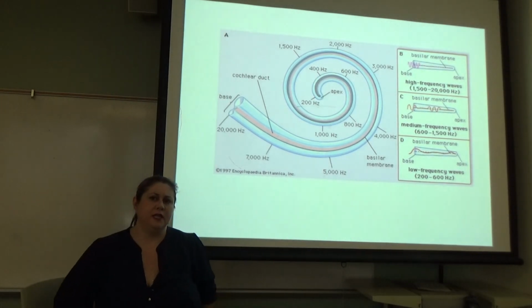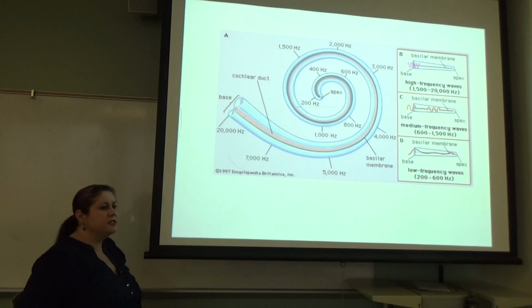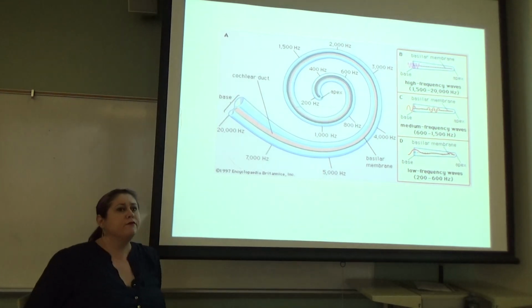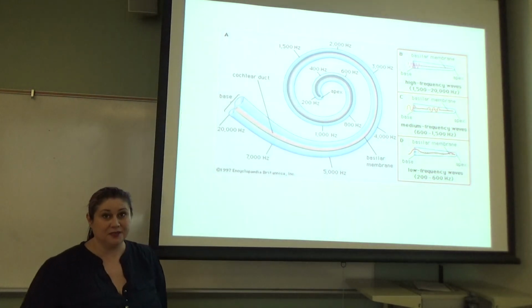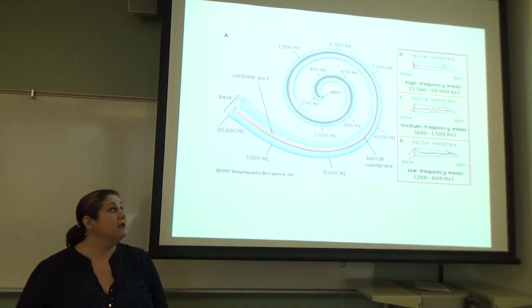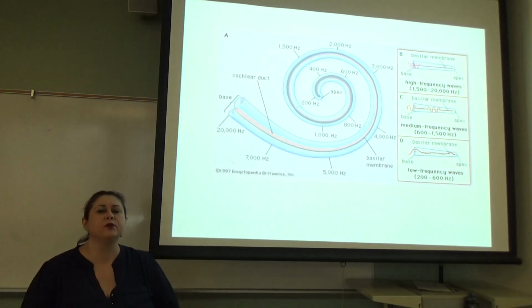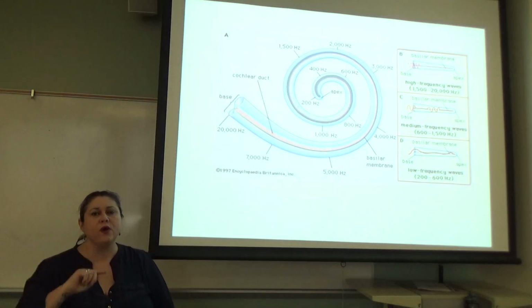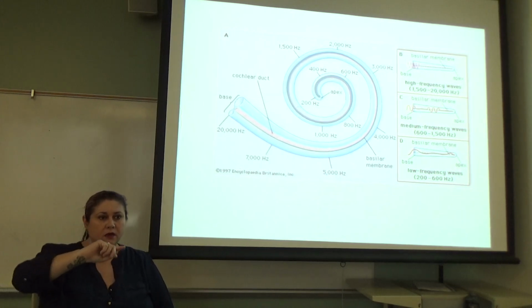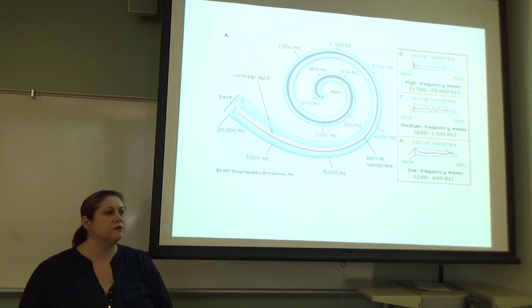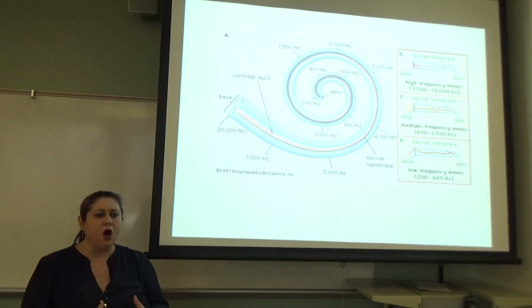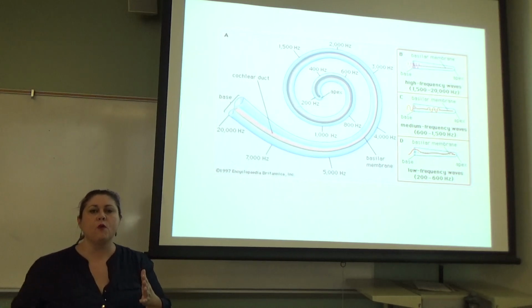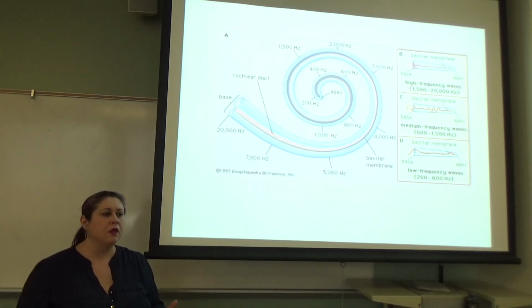High frequency sound waves are very, very fast, okay? 20,000 cycles per second is an incredibly fast oscillation of waves. Our brain on its own wouldn't be able to process that number of waves that quickly.